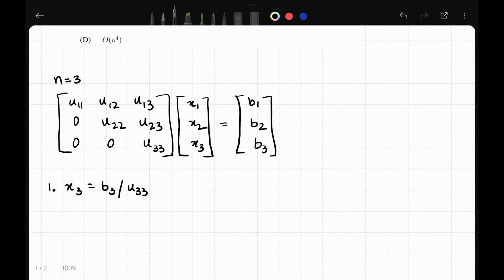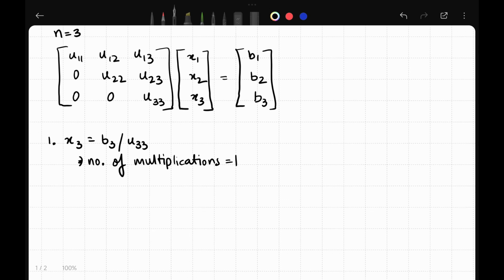So in this case, the number of multiplications is equal to 1, just one division.